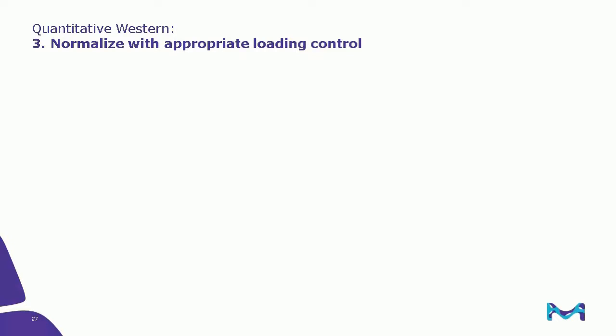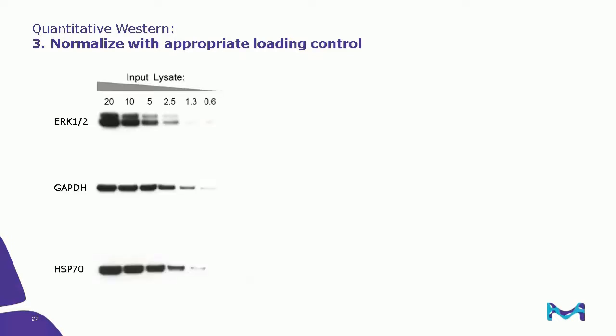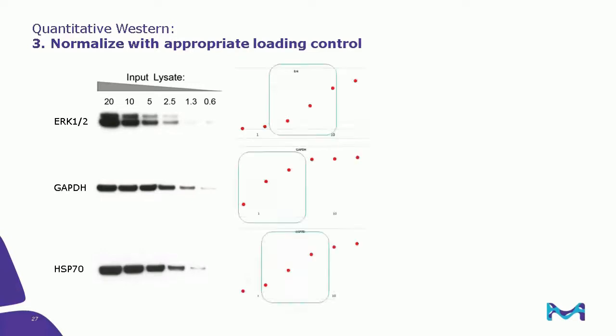Let me illustrate this using an example from our lab. Here we have 3 Western blots. ERK was our target protein, and we're comparing GAPDH and HSP70 as potential candidates for normalization. GAPDH, I think many of us are aware, as well as actin, is very commonly used as a loading control and used for normalization during quantitative Western.